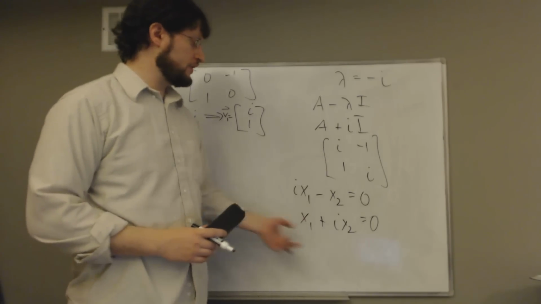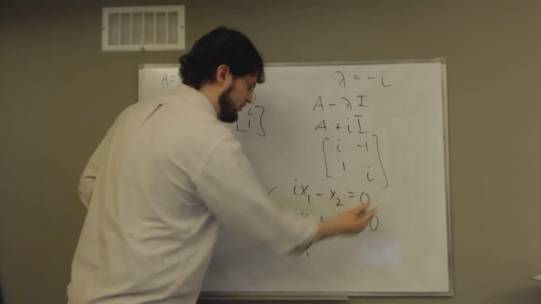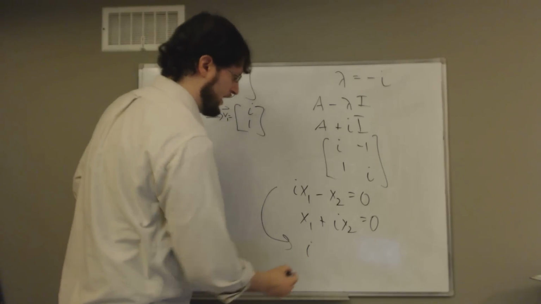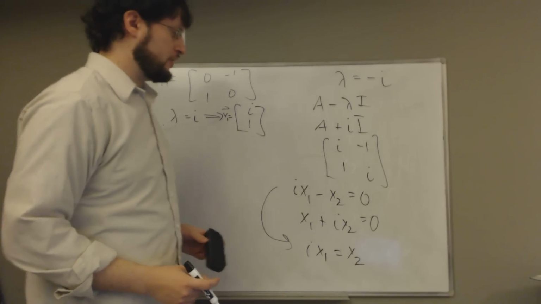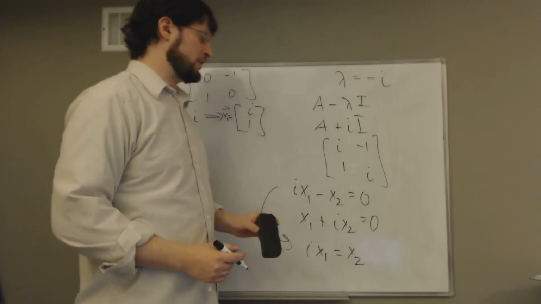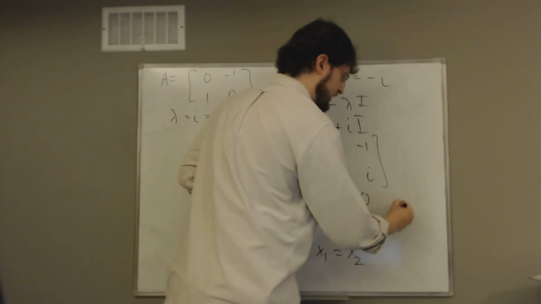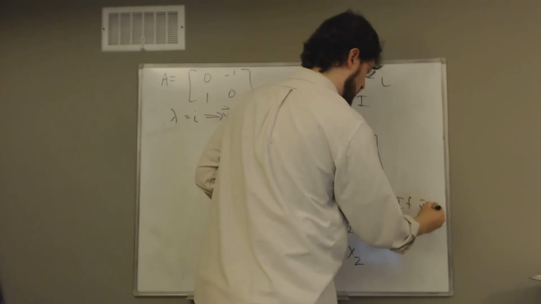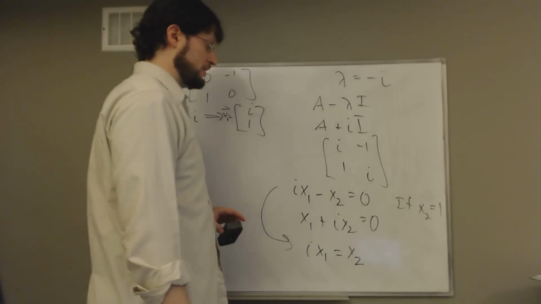We can use either of these equations, it doesn't matter. Now let's look at the first one, just because we get positive numbers. I get I x1 is equal to x2. Since we can assume that x2 is free, I can put anything I want here. So let's let x2 equal 1, just because 1 is nice.